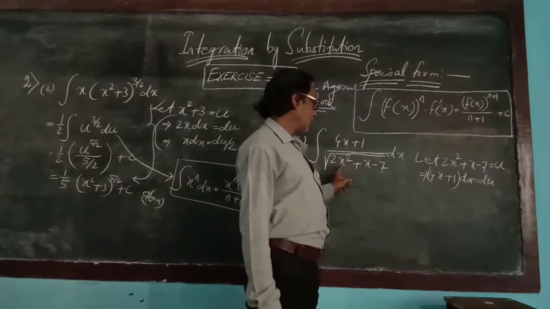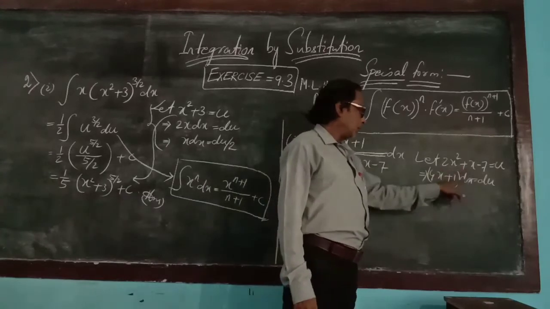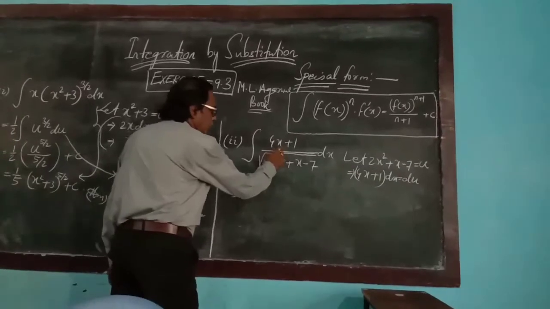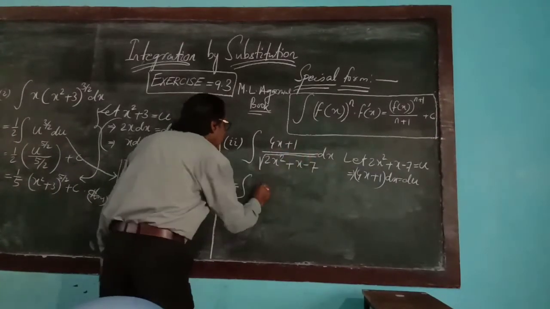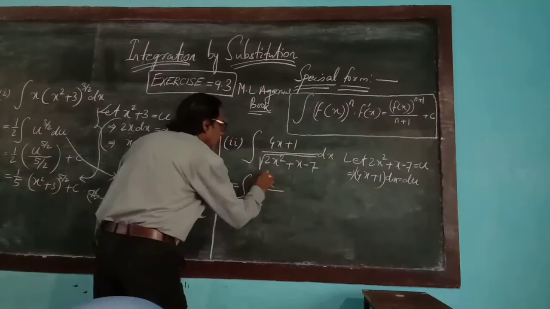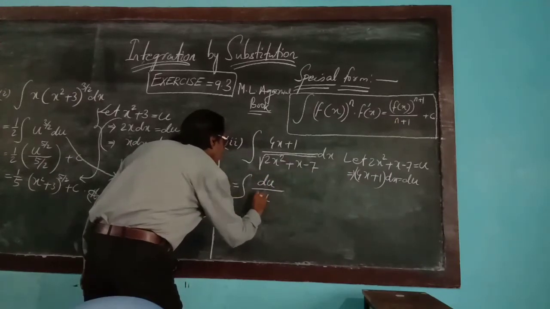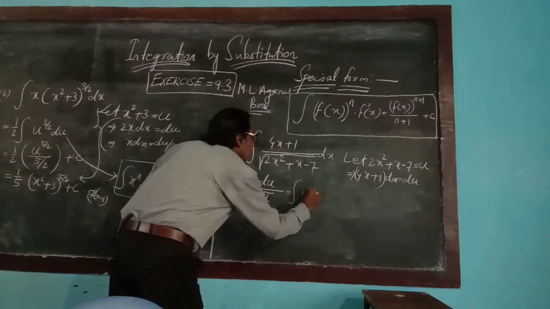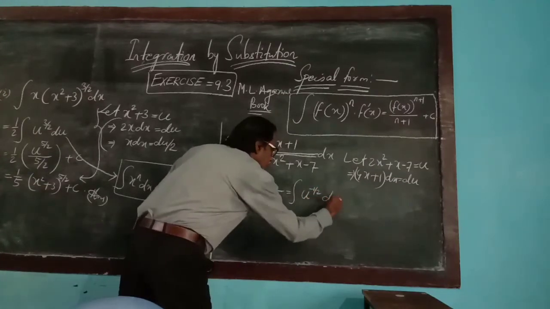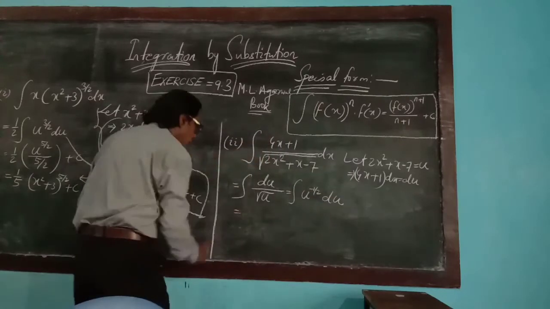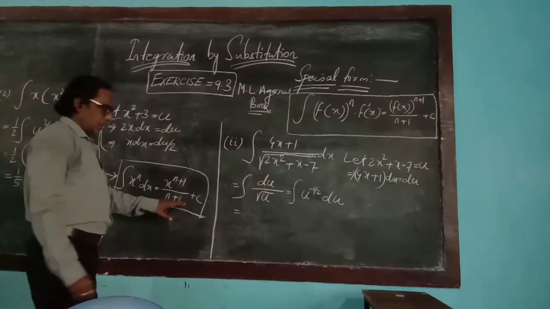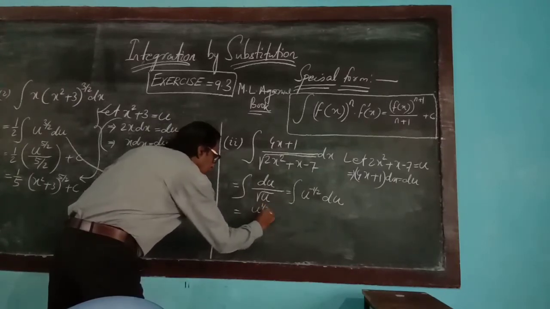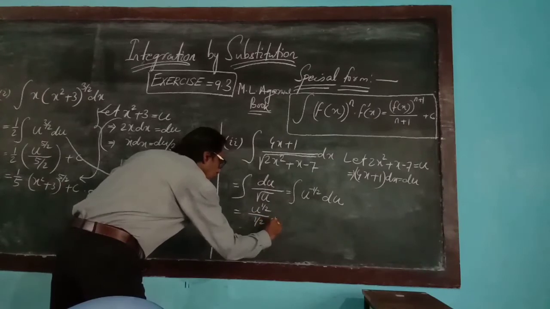So what is the derivative of this part? This will be 4x plus 1 dx equal to du. Now put the value: integration of 4x plus 1 dx will be du, and downside root over u. And this is nothing but u to the power minus half du. Now apply the formula. U to the power minus half plus 1 will be u to the power half by half, plus c.